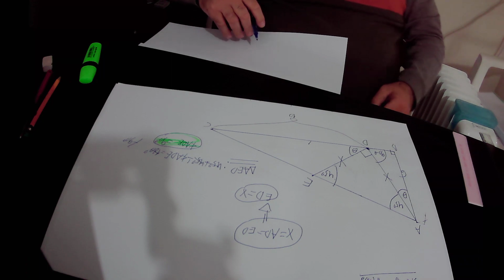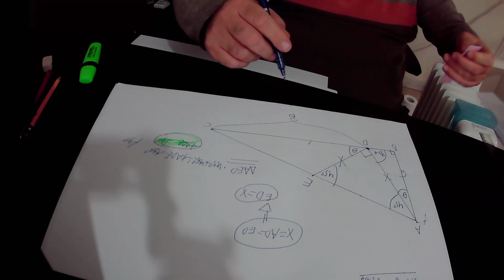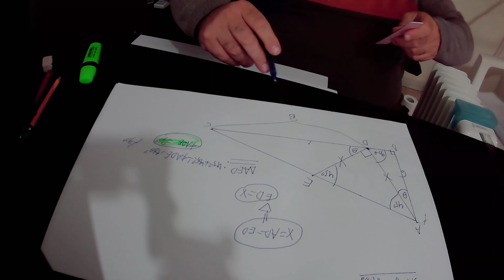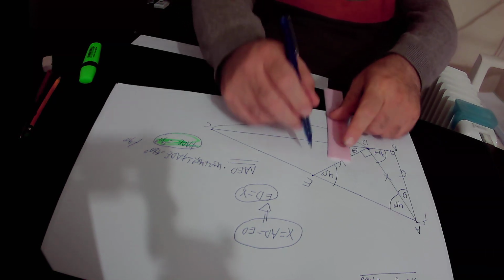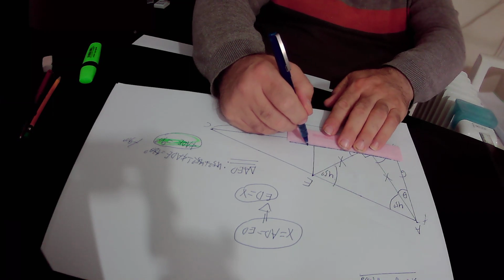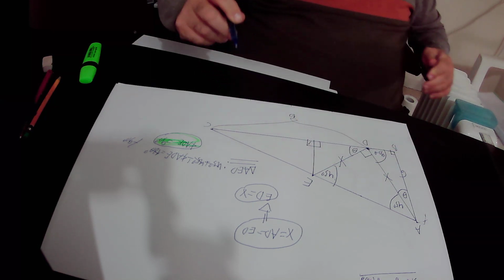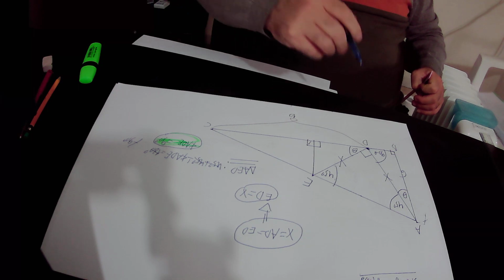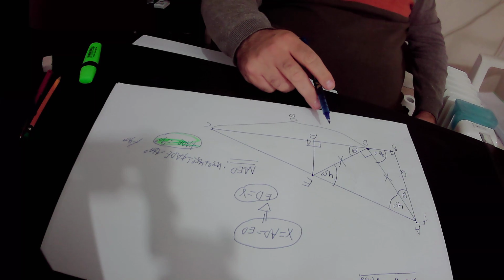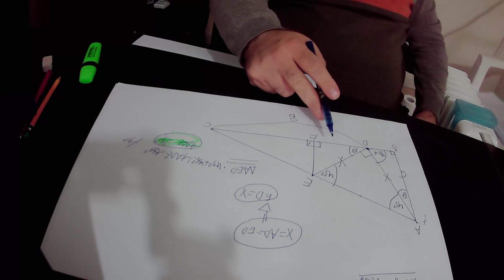In the next step, we'll make another construction. From point E, we will draw a perpendicular on BC. So this angle equals 90 degrees, and this angle will also be equal to 90 degrees, and we will define the touching point of the perpendicular from point E and BC as F. So actually, triangle EFD is a right triangle.